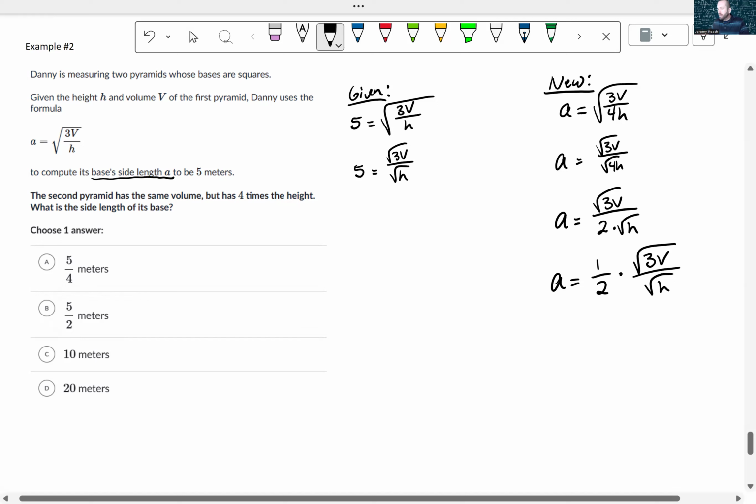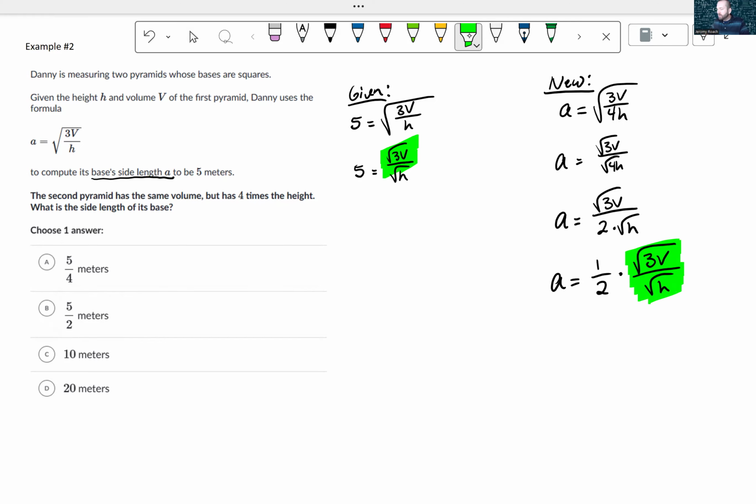And the reason that I did that is because now we have this original part of our equation from the given equation. So now a is equal to 1/2 times, we know that that is equal to 5. And so a is equal to 5 over 2.